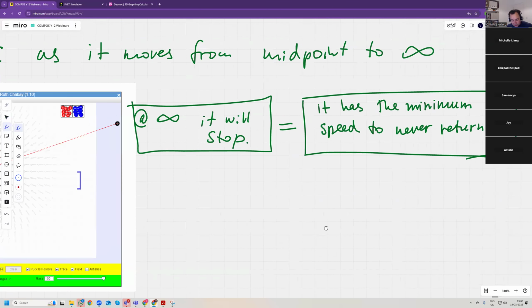If you studied cosmology, that is what the critical density of the universe is. The universe will keep expanding, expanding, but it has the minimum necessary density just to never collapse.